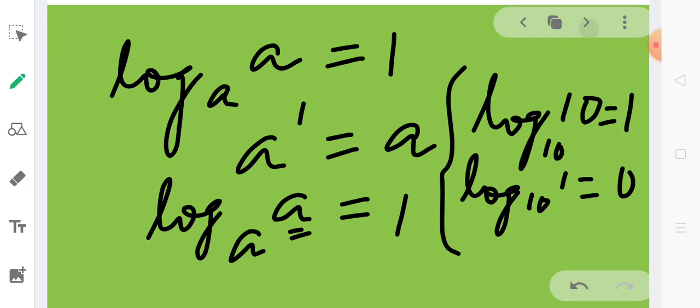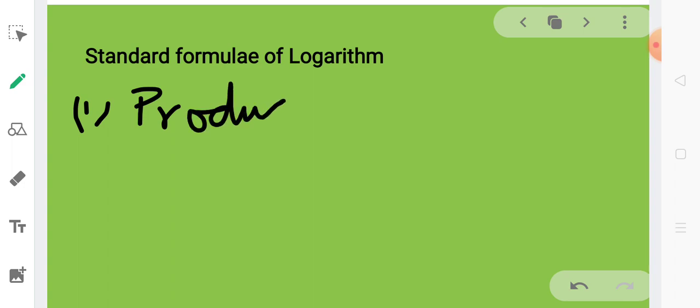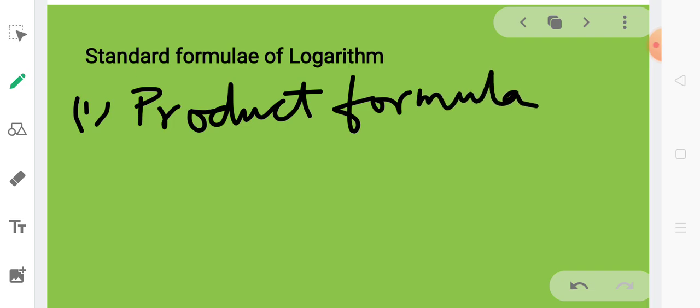Now there are some standard formulas of logarithm. Actually, these are 4 in number. The first one is called the product formula.